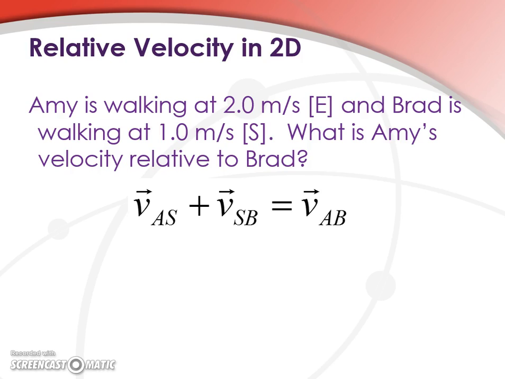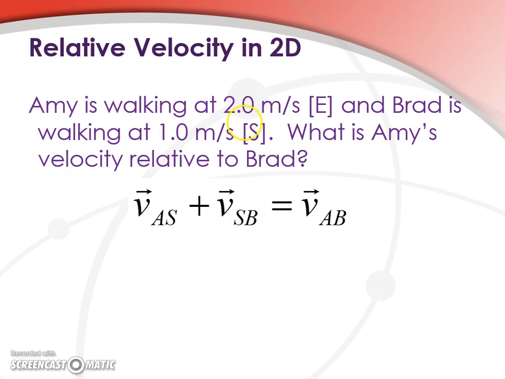So in this case, we can say that our velocity of Amy with respect to Brad is equivalent to the velocity of Amy with respect to the street, plus the velocity of the street with respect to Brad.